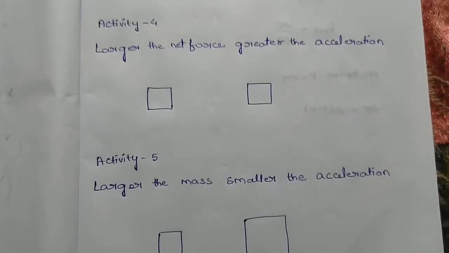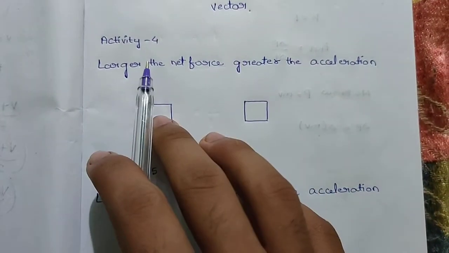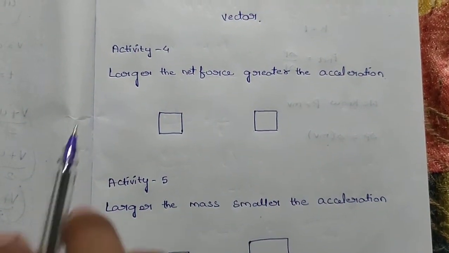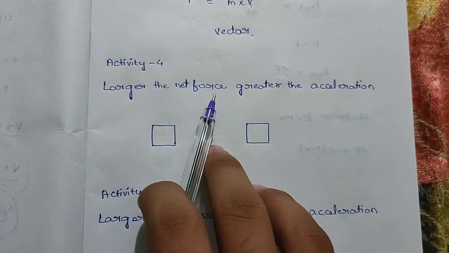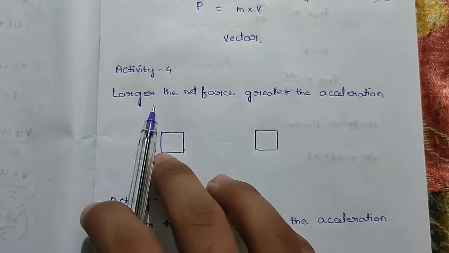Now we have two activities, activity number 4 and activity number 5. In activity number 4, the larger the net force, the greater the acceleration.